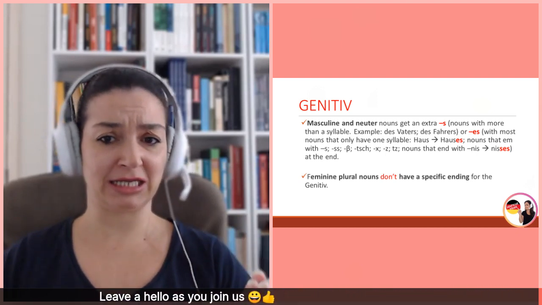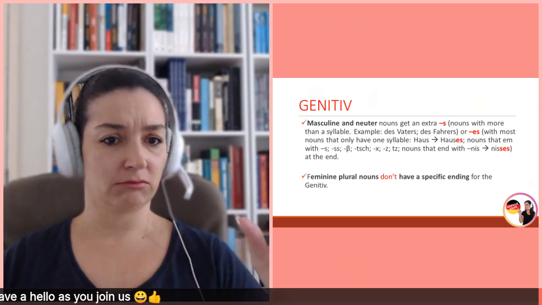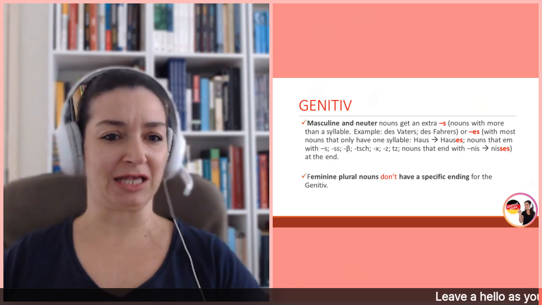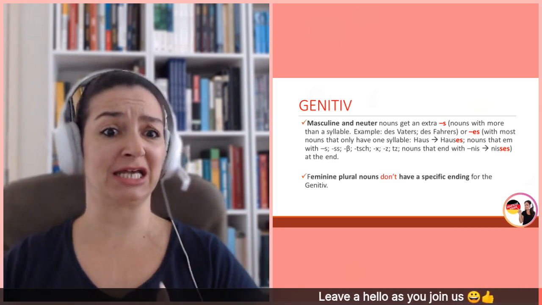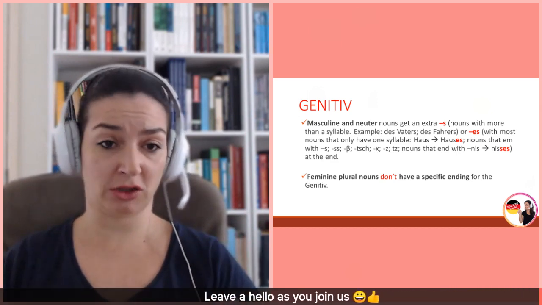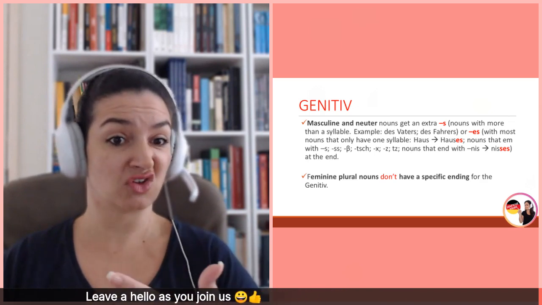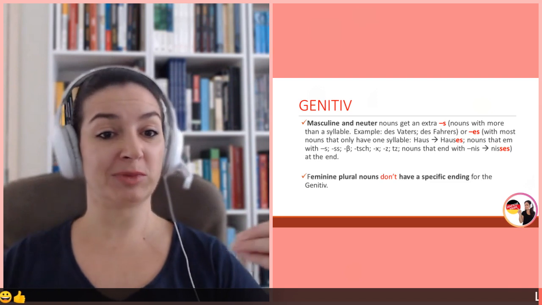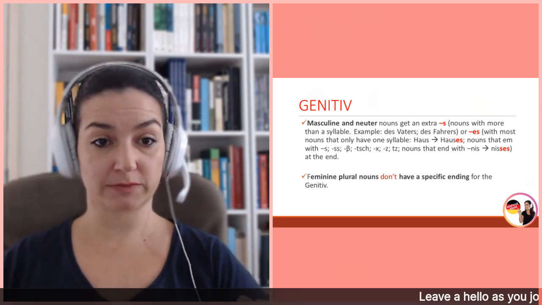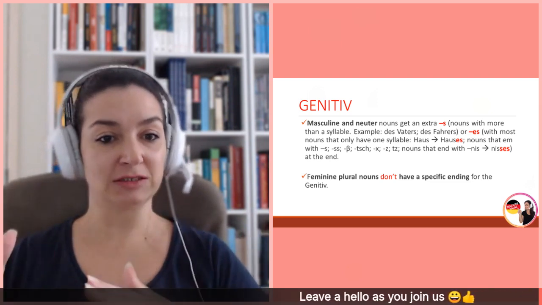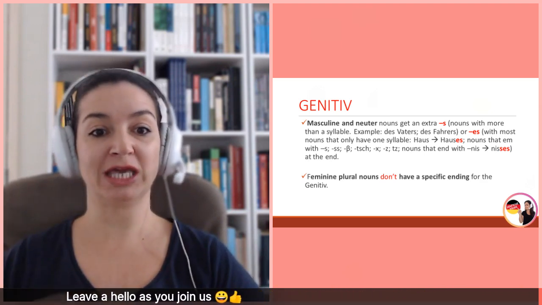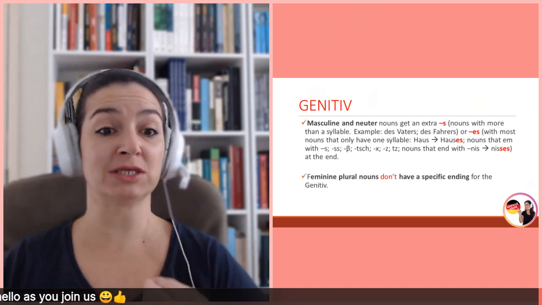It makes sense, doesn't it? Haus, besides being a small word, ends with an s, so it would be funny to just add an extra s. It would not change anything in the sound. Maybe we would make it a little bit longer, but still it wouldn't make any sense. So here we add an es so that it sounds properly.